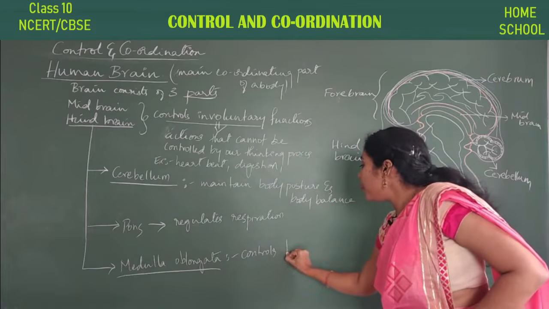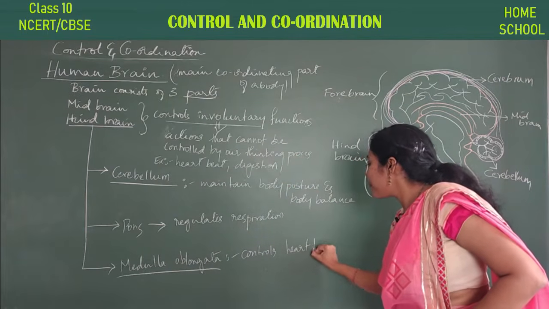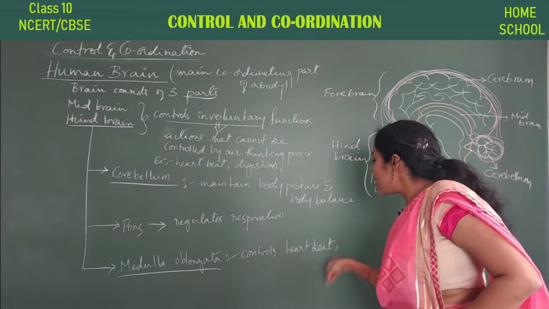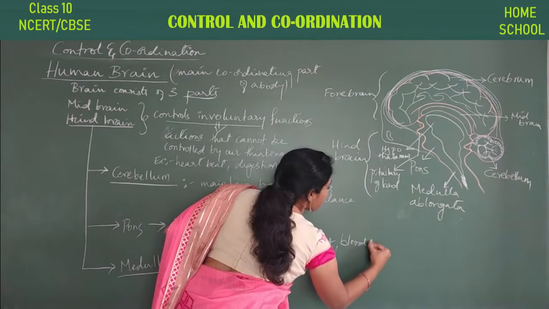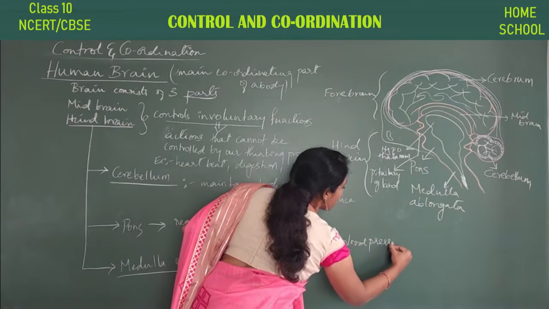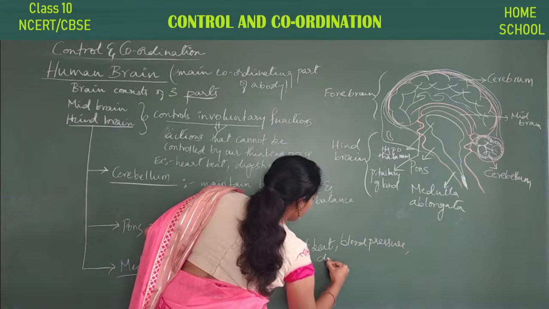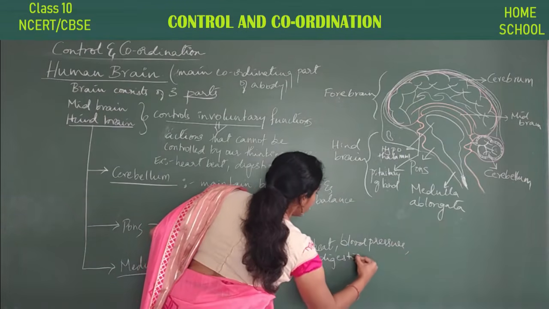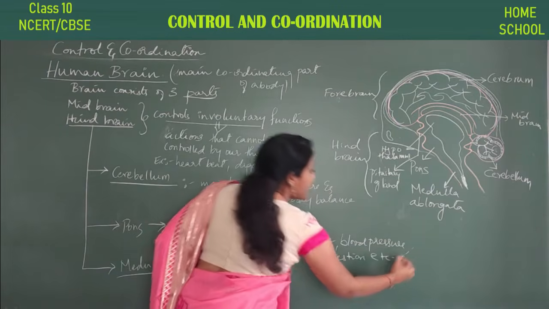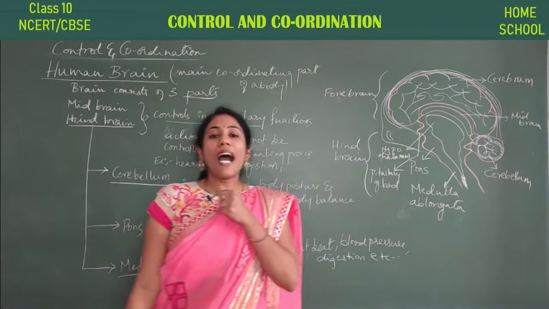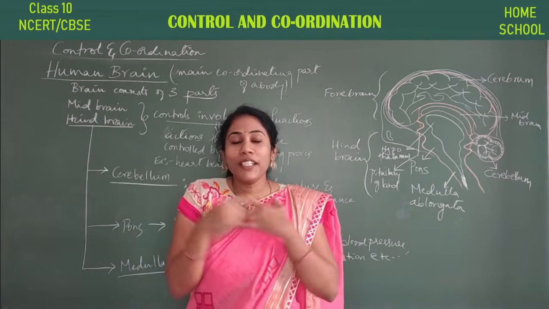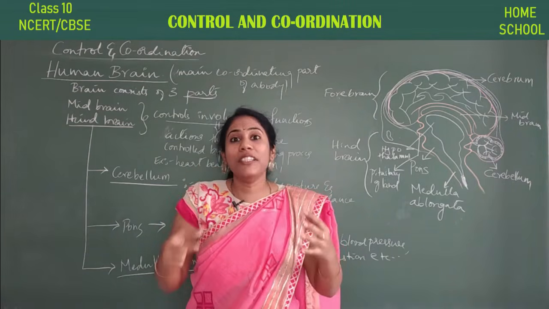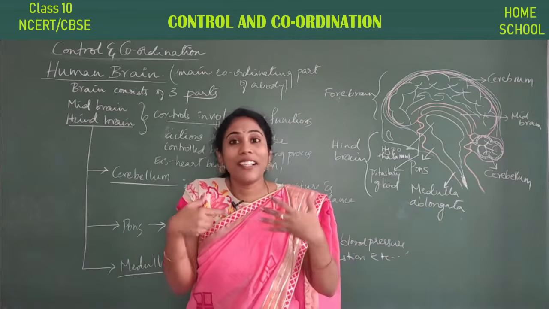Okay, it controls heartbeat, blood pressure, BP, digestion, etc. Say the heartbeat, every time the heart beats, and it should beat, isn't it? And if you think to control the heartbeat, you can't control it, it's not in your hand.